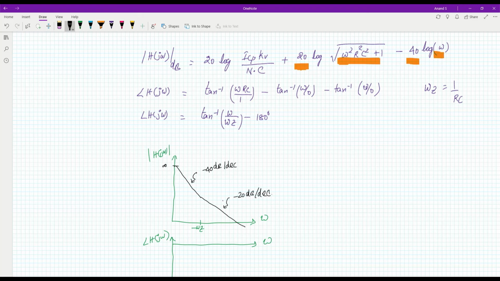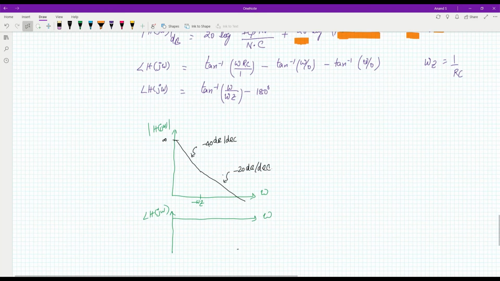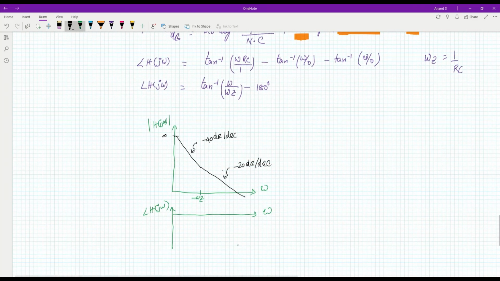Now let us plot the phase. At omega equal to 0, tan inverse of 0 is 0, so it will start at minus 180 degrees. Then as omega becomes equal to omega z, it becomes tan inverse of 1, which is 45 degrees.